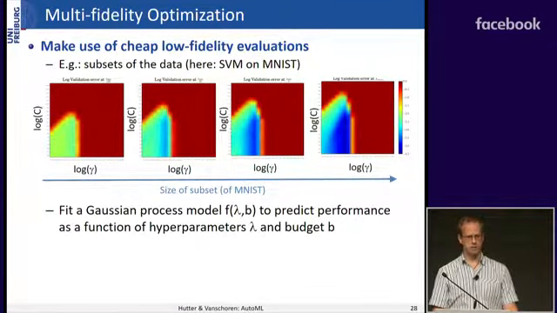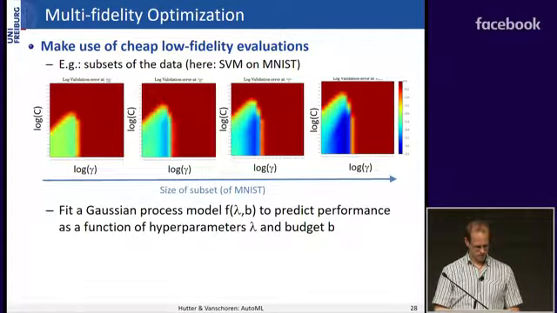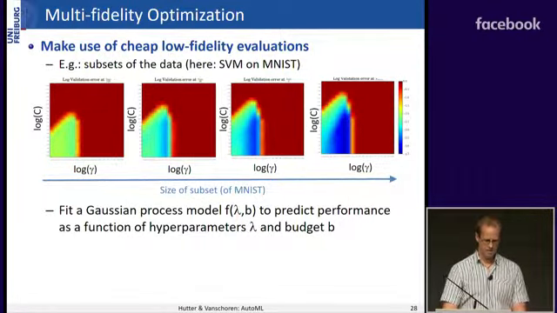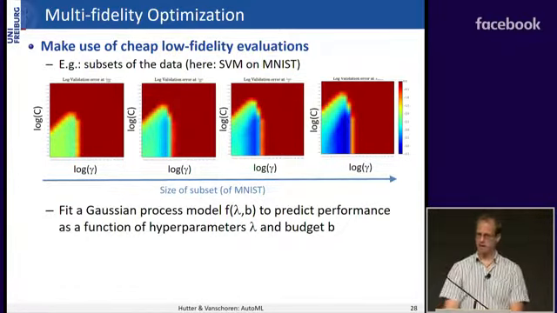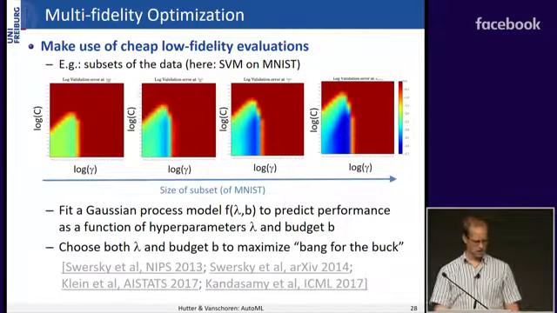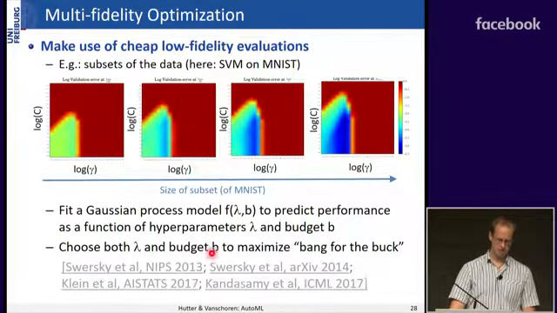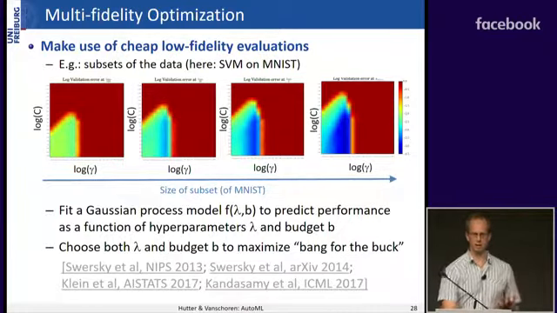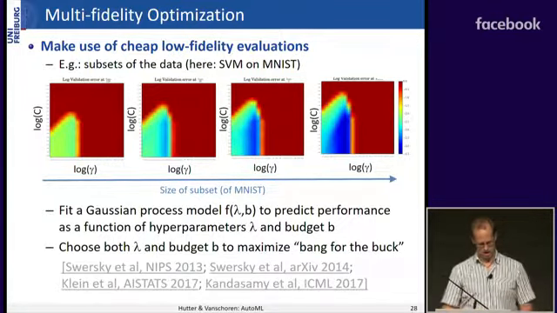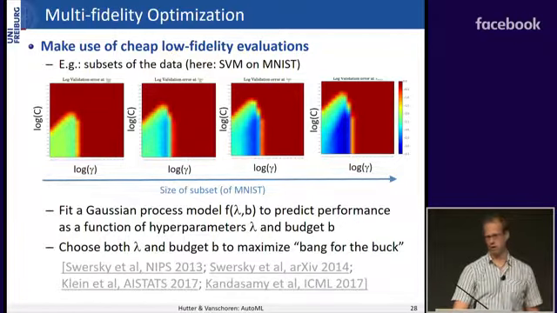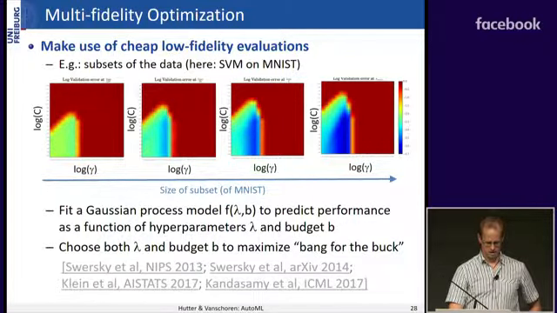Well, you fit a Gaussian process model that takes as input the hyperparameters and the budget, and then predicts how well that will work, and then chooses both lambda and the budget in order to maximize the bang for the buck. So for example, you maximize information gain per time spent, information gain about where the global optimizer lies. And there's a variety of different methods that all fall into this general sense of multi-fidelity Bayesian optimization.